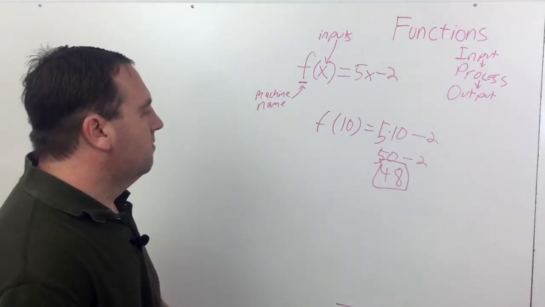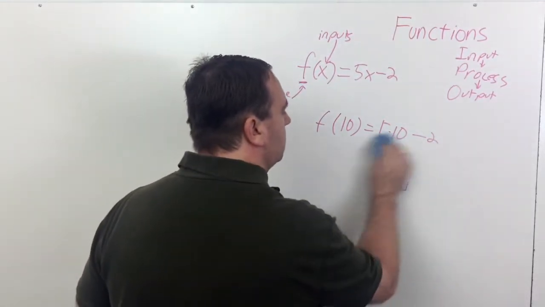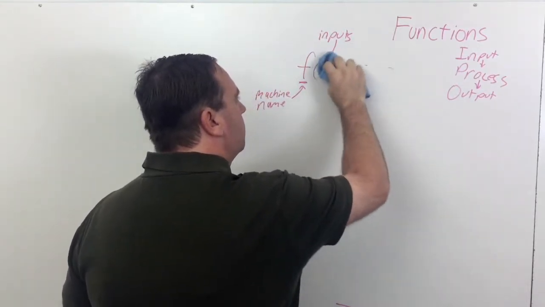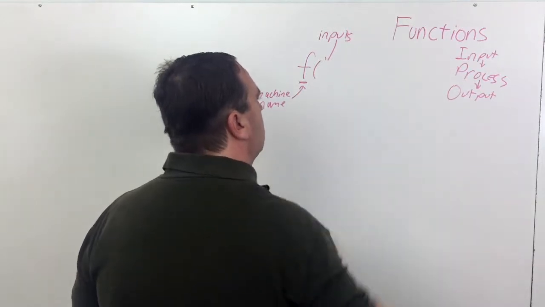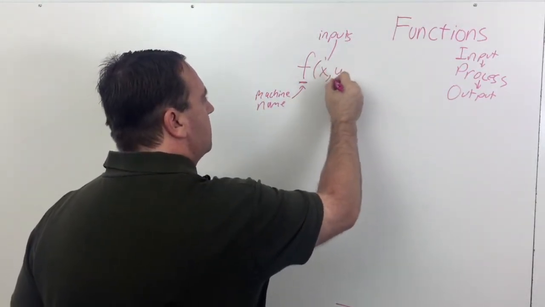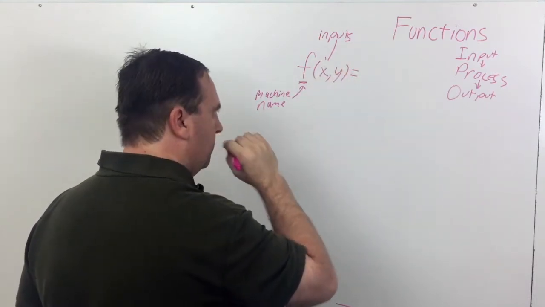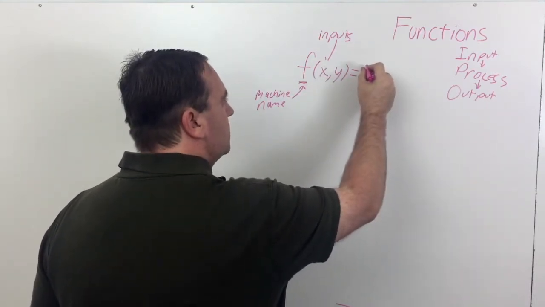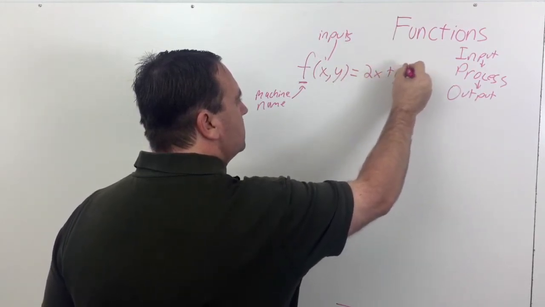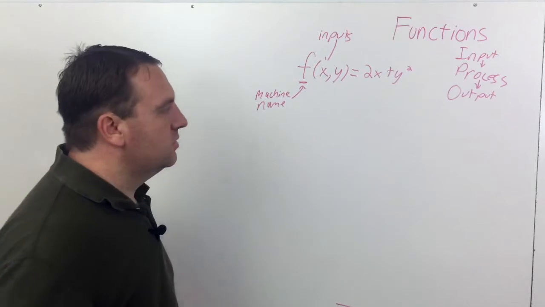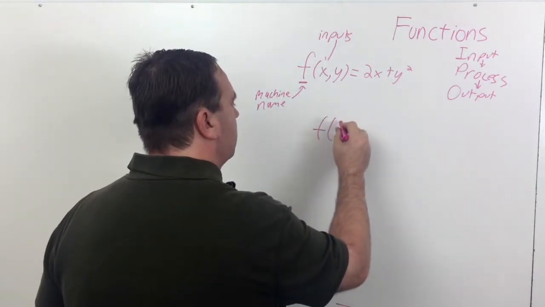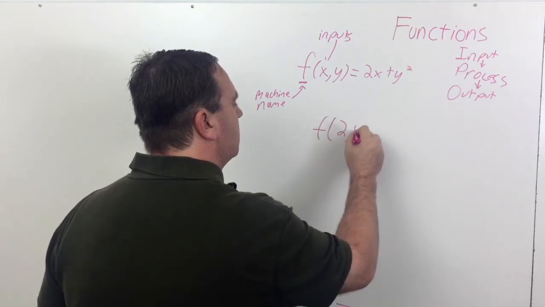So we can have a machine with more than one input. Can have a machine that has both an x and a y input. And so we can say it's 2x plus y squared. So what is f of 2, 5?